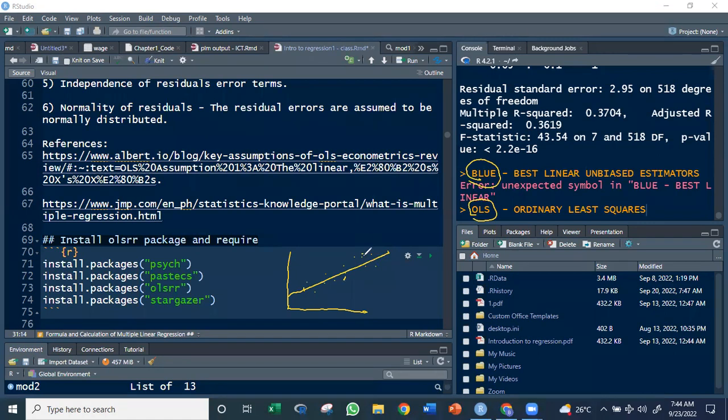There's only one unique regression line that minimizes. That's why it's called ordinary least squares, because it seeks to, if I draw a line here, the distance between your actual data point and your regression line.